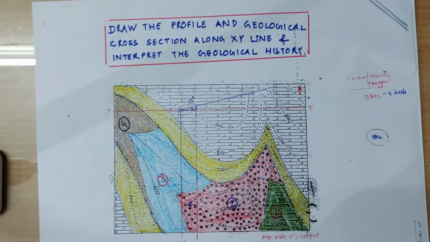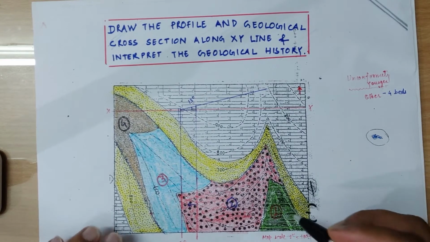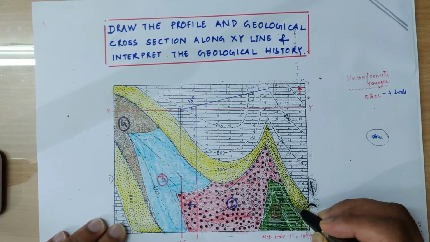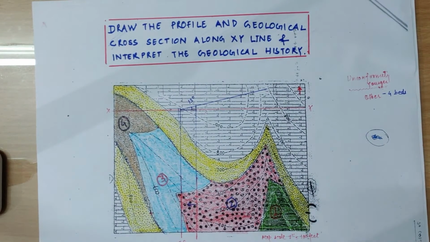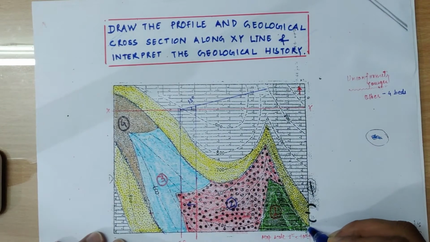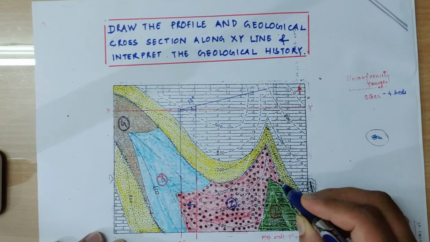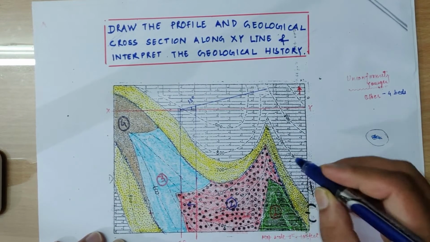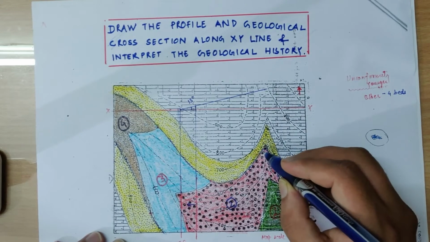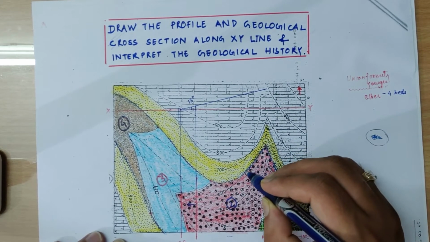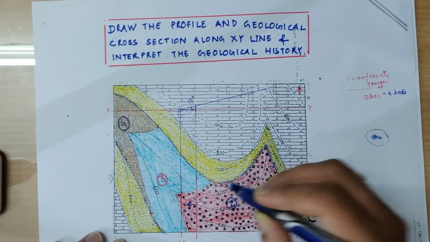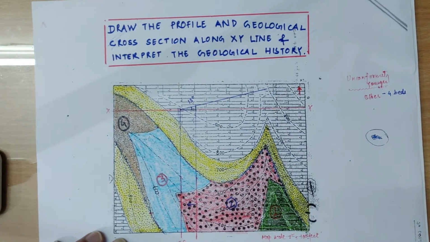So this whole surface is the surface of unconformity. You have to mark it by zigzag lines. So that represents the surface of unconformity. Now it is visible.